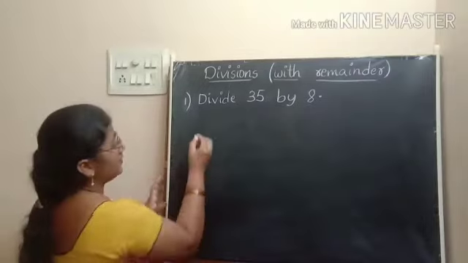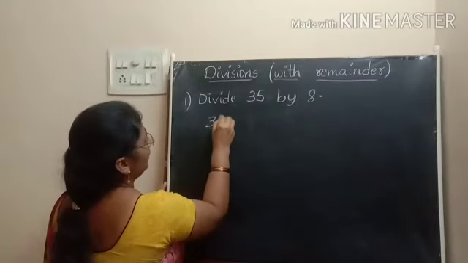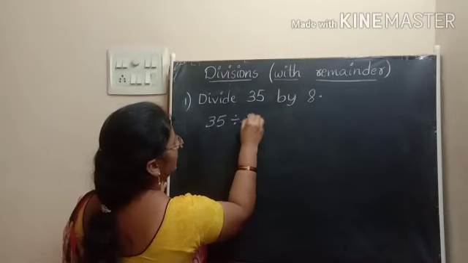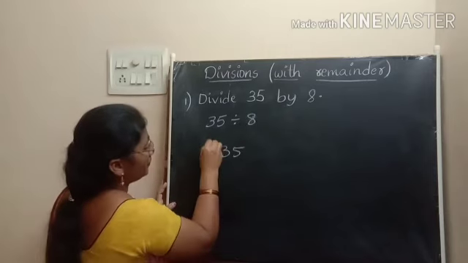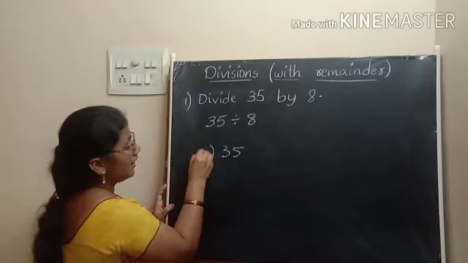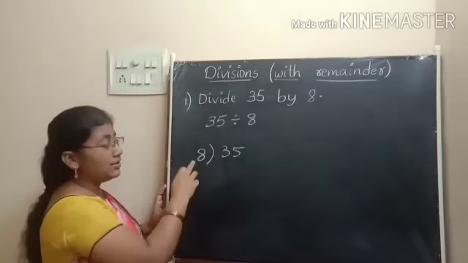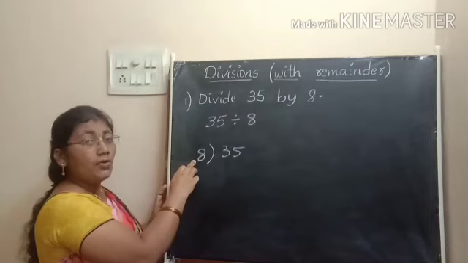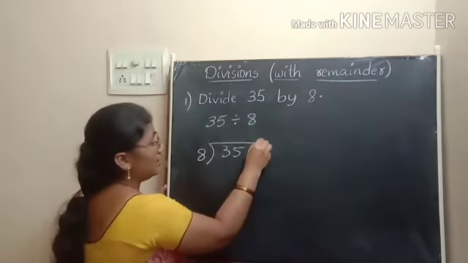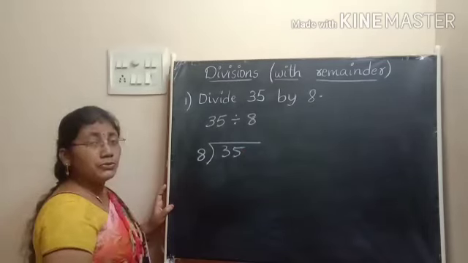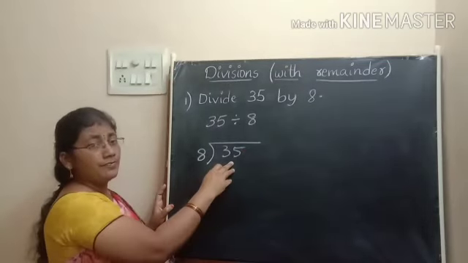Let us write 35 divided by 8. We can write this as 35 left side bracket and 8. 8 is the divisor. Now we have to take 8 table up to the product 35.